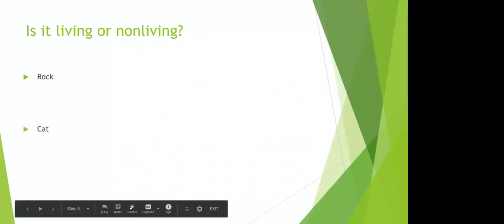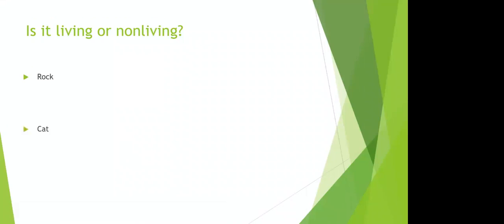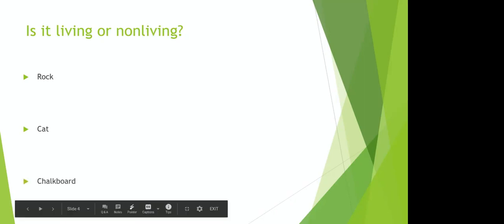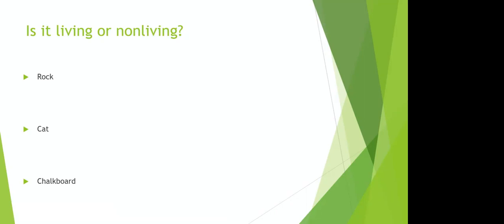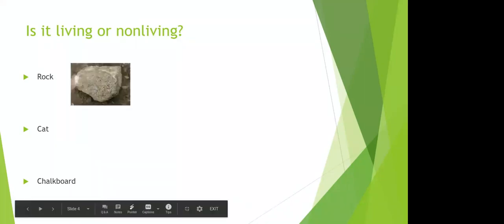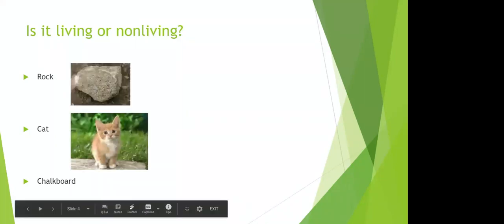A rock and a cat, are they living or non-living? And a chalkboard, is it living or non-living? Think about those three. A rock, it's not living. A cat, it is living. And a chalkboard, no, a chalkboard's not living either. And there's our pictures that go along with it.